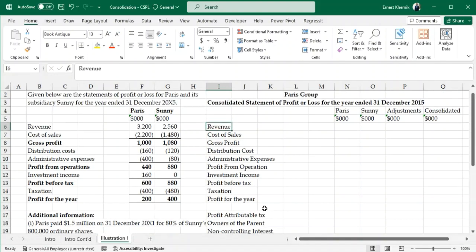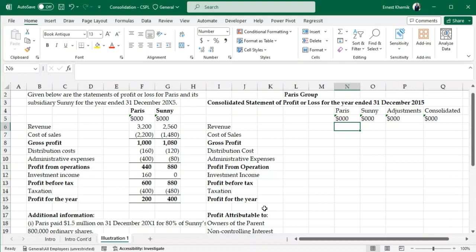Then quickly, to make the presentation a lot clearer, let me highlight some of the calculations we'll be doing. So gross profit, profit from operations, profit before tax, and then profit for the year, and then profit attributable to, also highlighted for us to see clearly what we are doing here. Then for revenue, the principle is add all revenues and expenses of the parent and the subsidiary.